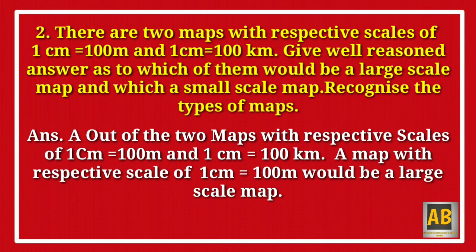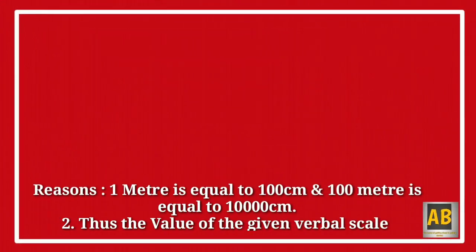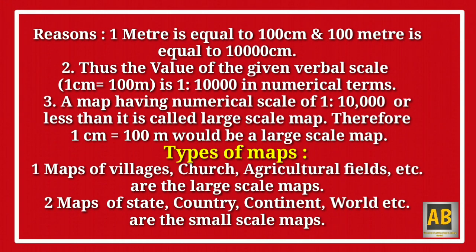Out of the two maps, the map with the scale of 1 centimeter is equal to 100 meter would be a large scale map. Reasons. 1 meter is equal to 100 centimeters, and 100 meters is equal to 10,000 centimeters.